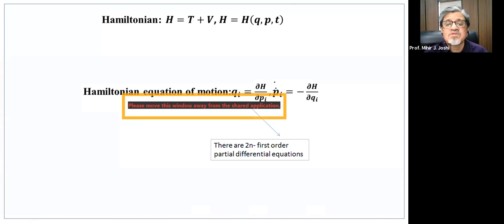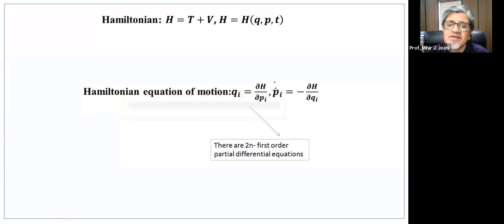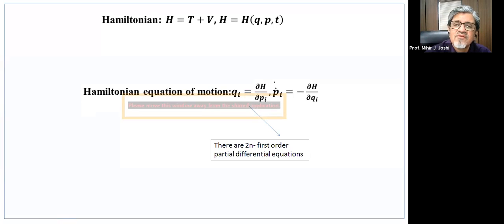Lagrangian equation was a second order differential equation because double derivatives were there, but it had only n equations. Here the number of equations becomes double, but those are partial derivatives and first order, not second order. So we have a benefit sometimes in Lagrangian equation, and sometimes in Hamilton's canonical equation. Depending upon the benefit, we can use either Lagrangian equations or Hamilton's equations of motion.